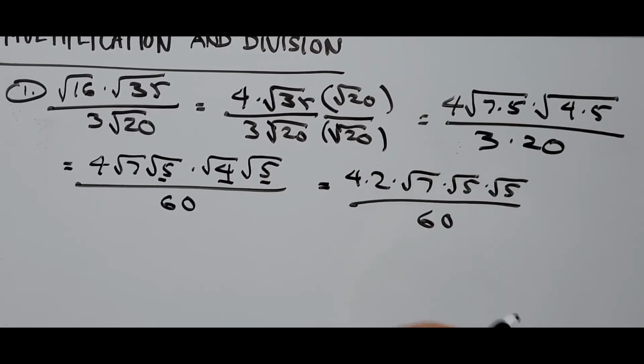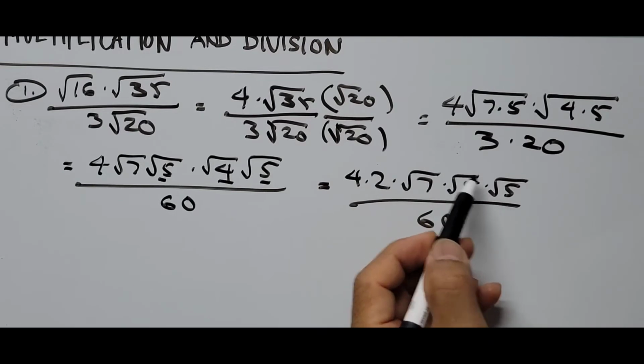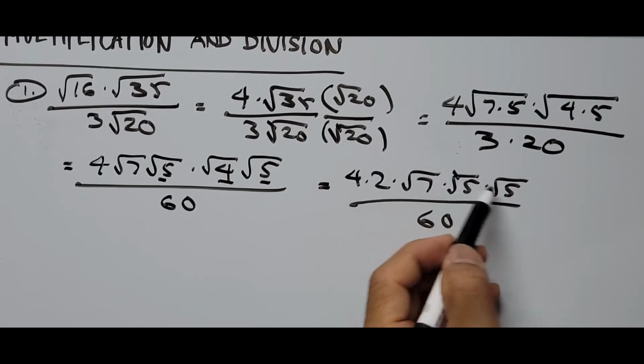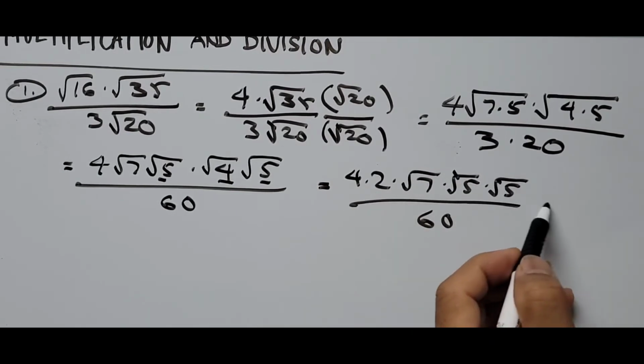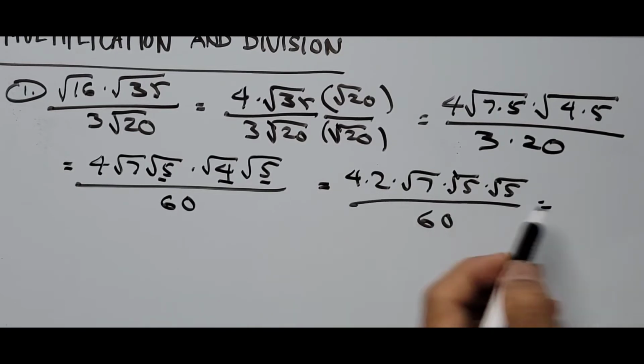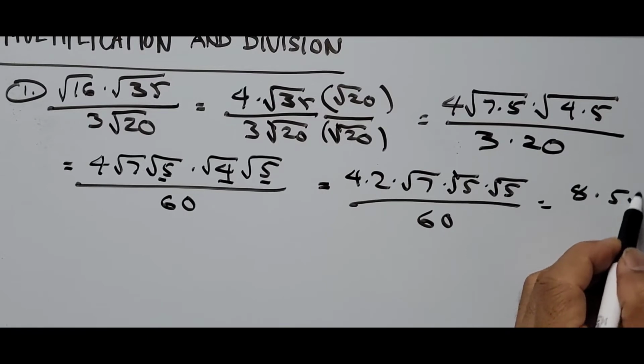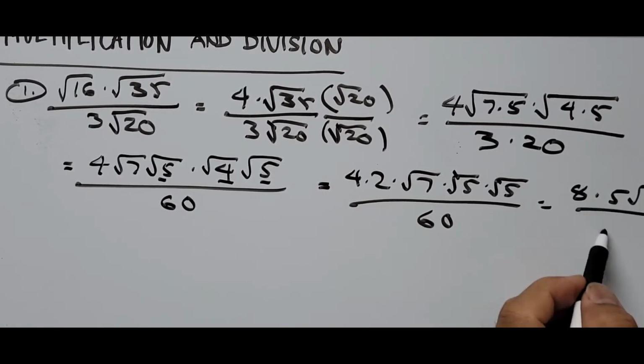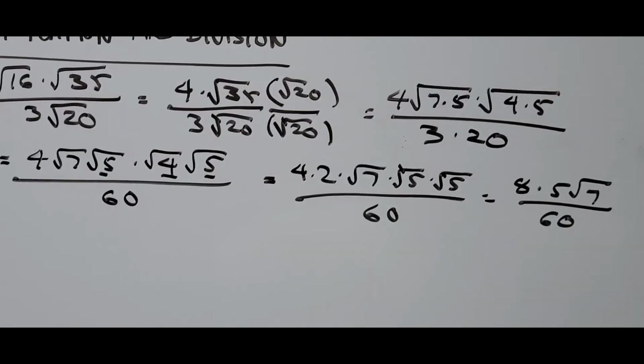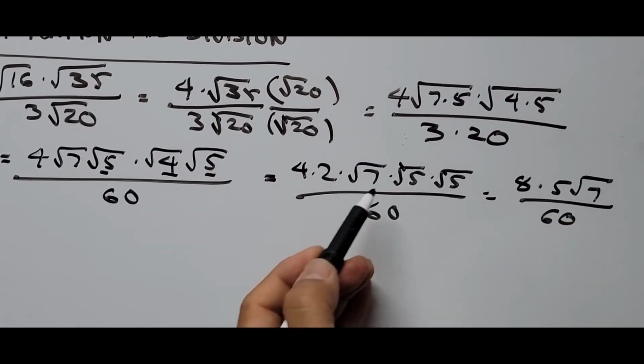See, if you take a look at this square root of 5 multiplying by itself, that cancels the radical again. So that will end up to 4 times 2 is 8, times 5, square root of 7, divided by 60. So that's square root of 7 right there.